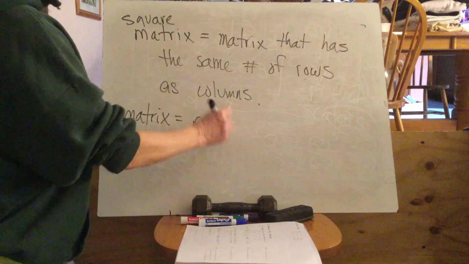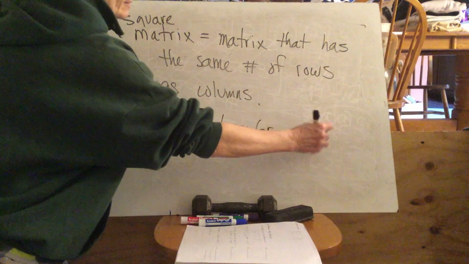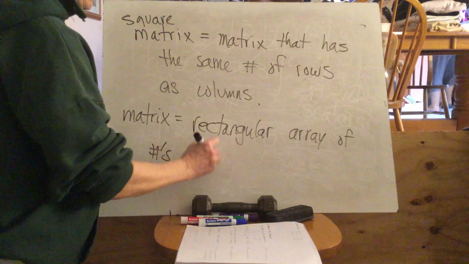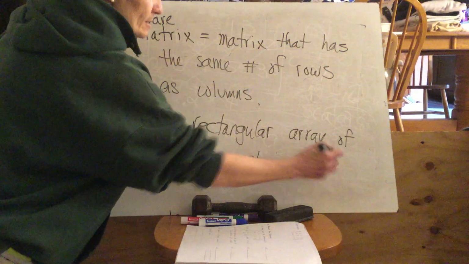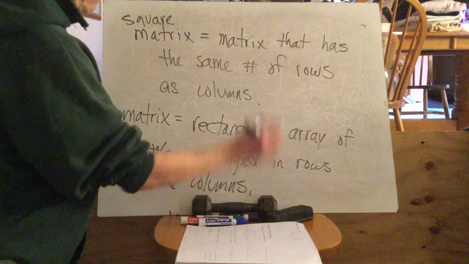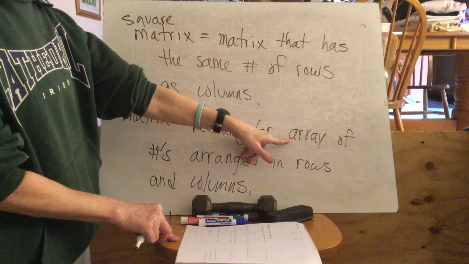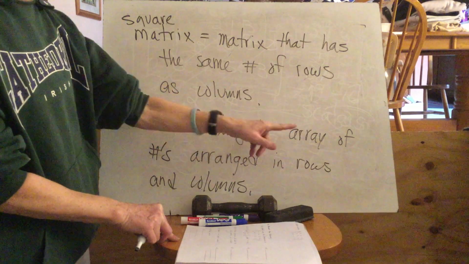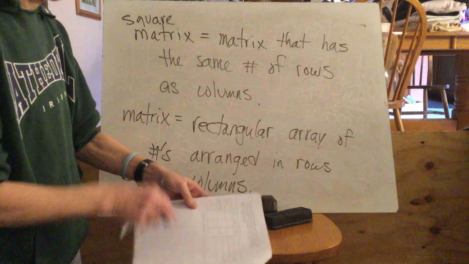A matrix is a rectangular array of numbers arranged in rows and columns. That is a matrix. A rectangular array, it's one word, A-R-R-A-Y, a rectangular array of numbers arranged in rows and columns.